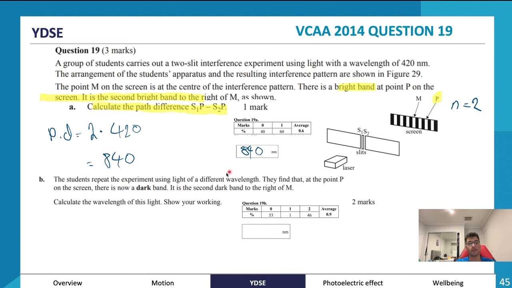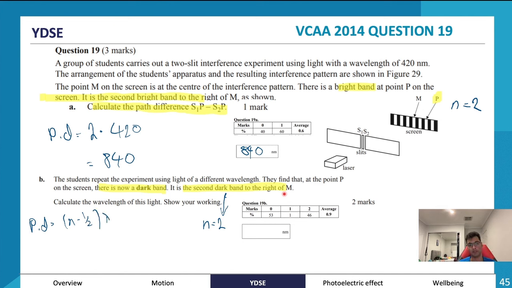Second question. They've done the same experiment, but they've found that point P is now a dark band. It's the second dark band, and we want to calculate the wavelength. So if it's the second dark band, we know n is equal to 2. We know the path difference is equal to (n minus a half) times the wavelength.